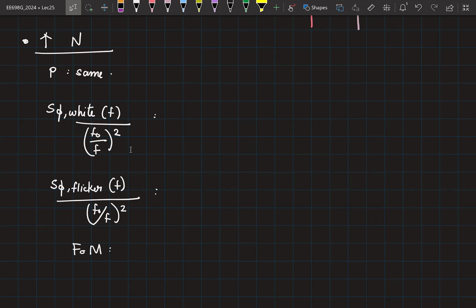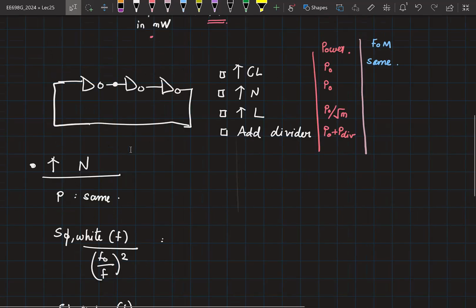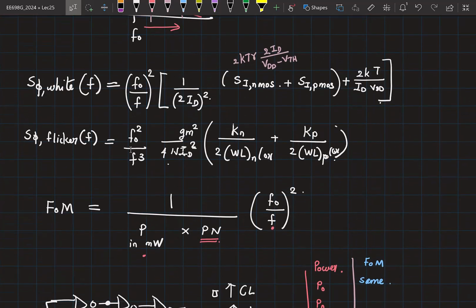Okay, so you're talking about S_phi flicker, right? Now when you increase N, you have N in the denominator. That's flicker. So we are talking about the close-in frequency, during the flicker noise regime. Are you able to follow? Please ask if you have any questions.